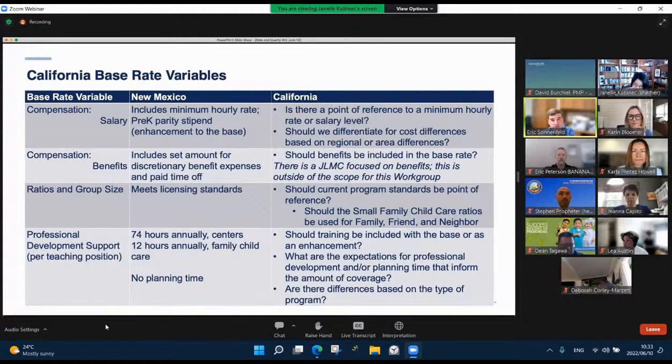If we're trying to build an equity model across the state and have equity standards, we just need to be mindful of that. That could be a slippery slope. And wherever those lines are drawn, there's always going to be somebody on the wrong side of that line. Fair and important point. Mari.